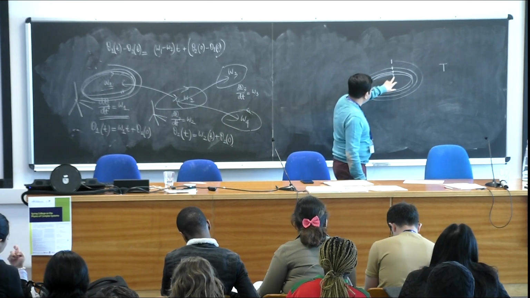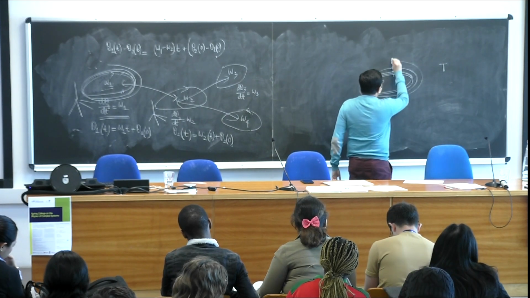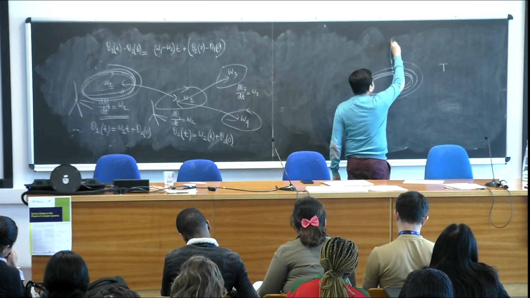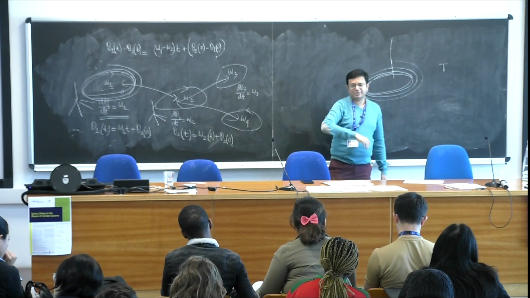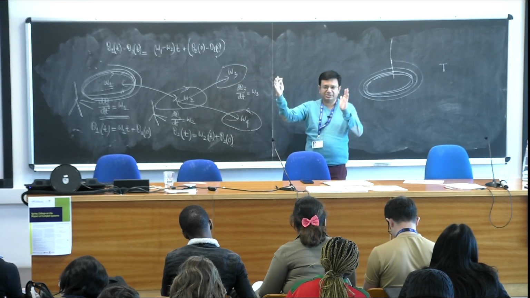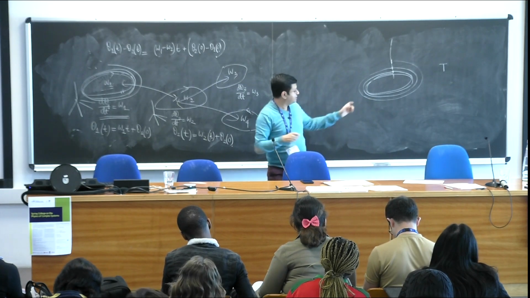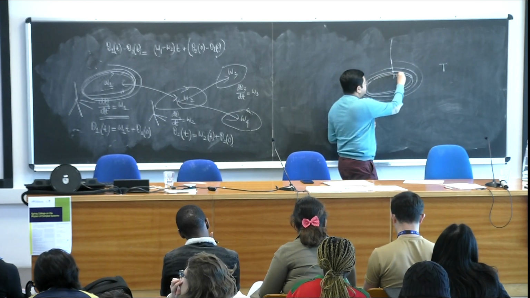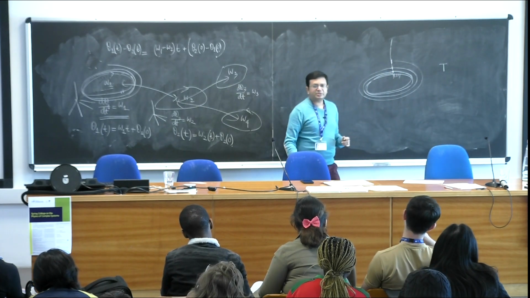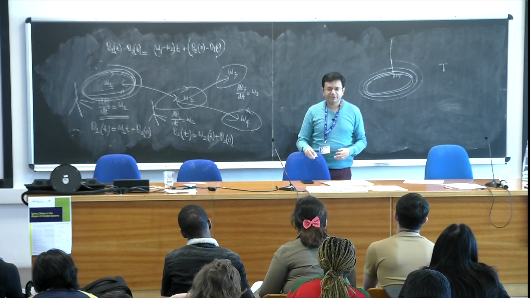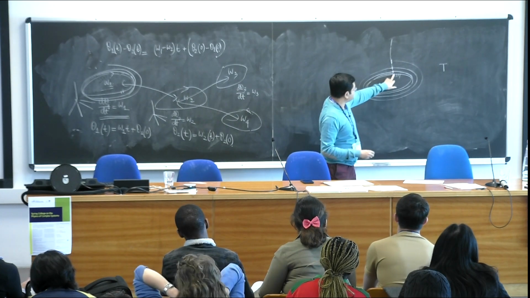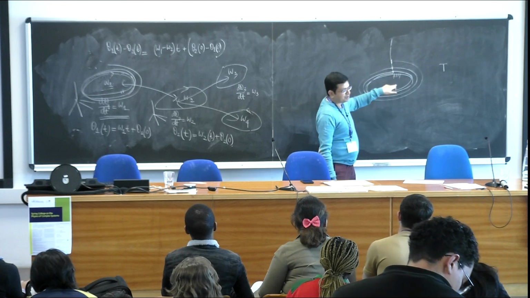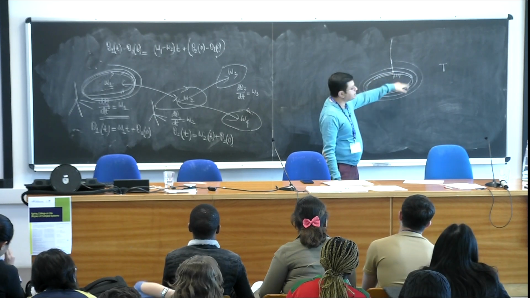So I can construct this manifold, this set of numbers, such that the limiting value is a value on the limit cycle, and I can do it for every point on this limit cycle. So this is the construction of the isochron. And I know how this point on the limit cycle changes as a function of time. So through the construction of isochrons, I know how this point also changes.